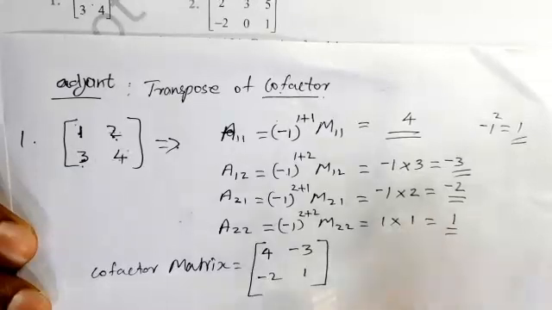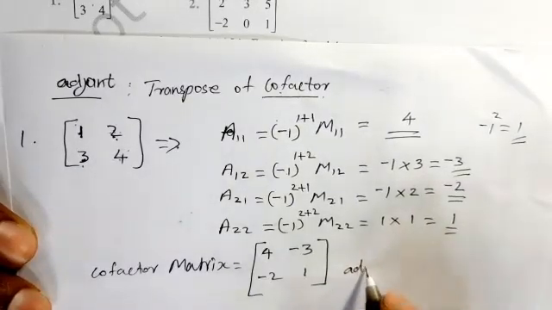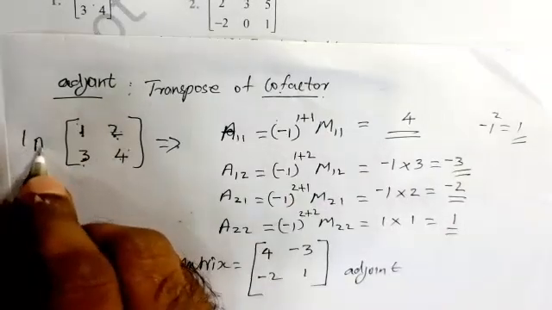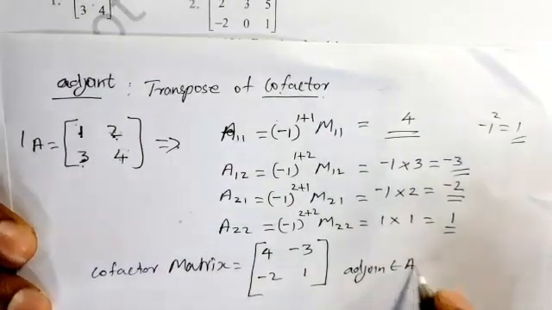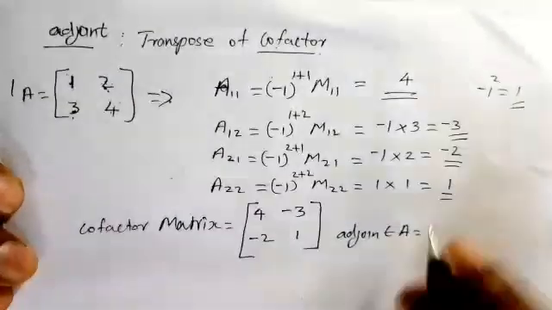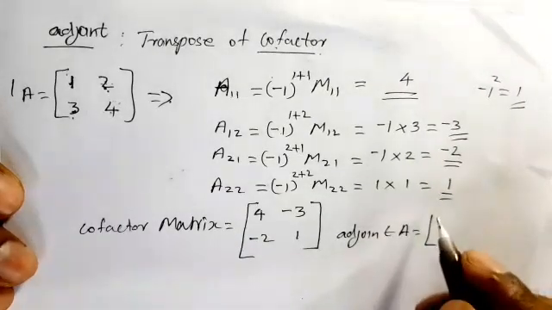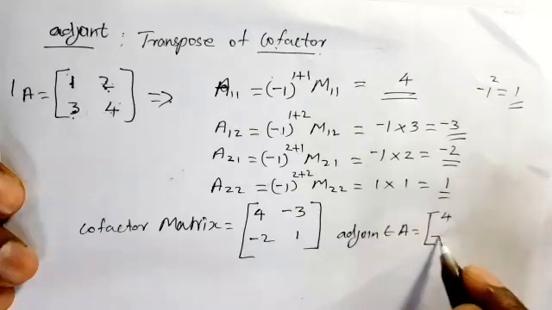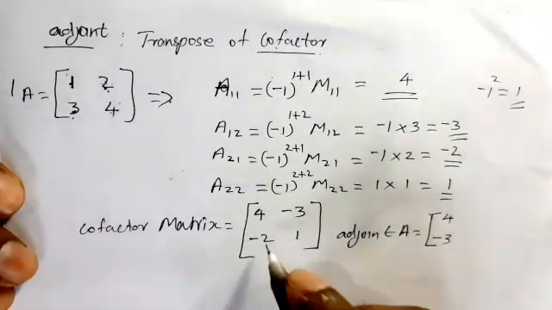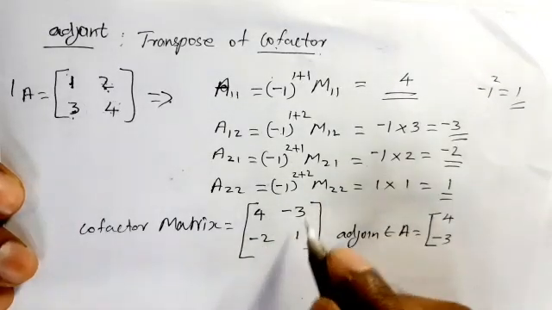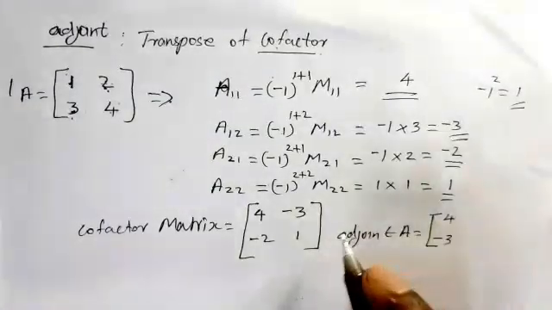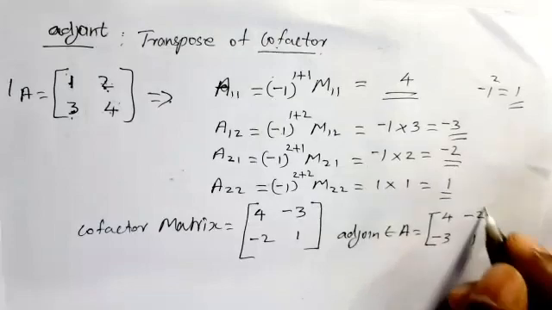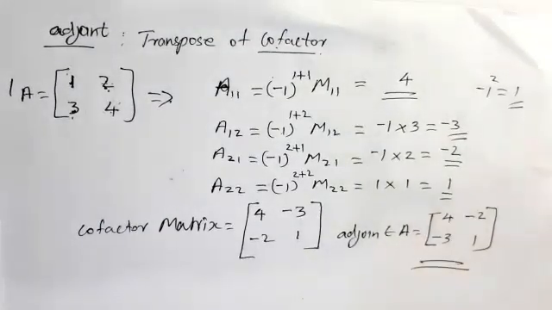Therefore, we can give the name A to this matrix. Then adjoint A is equal to 4, minus 3 rows will change as columns, and columns will change as rows. So minus 2, 1. This is the adjoint of A.